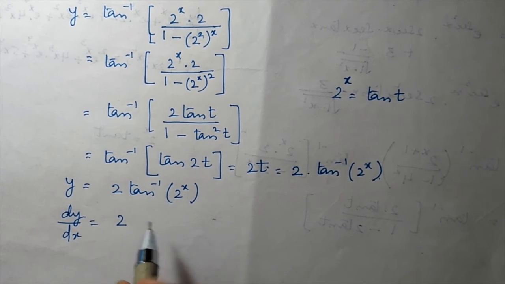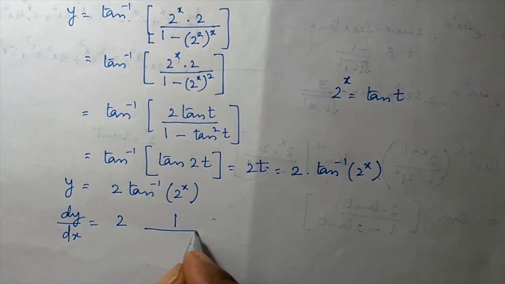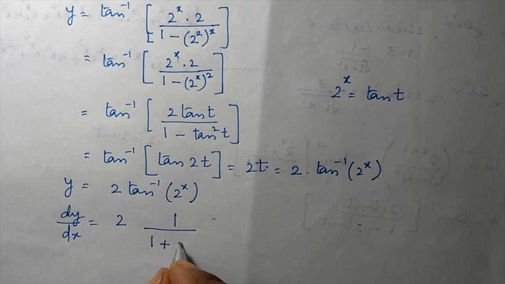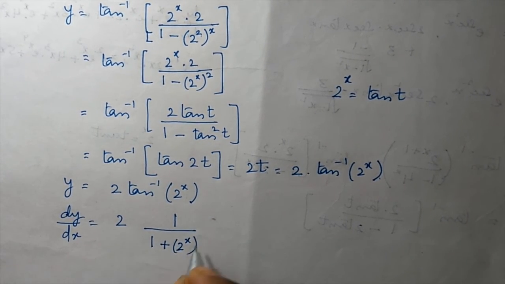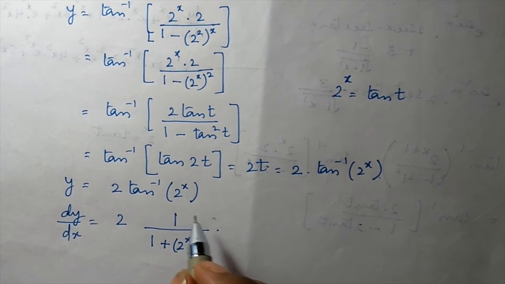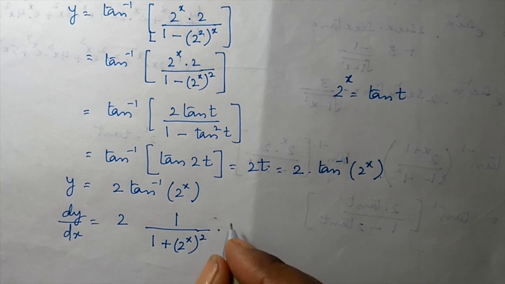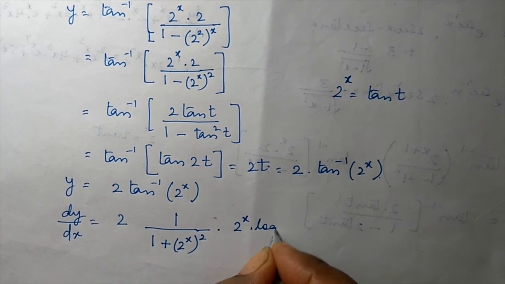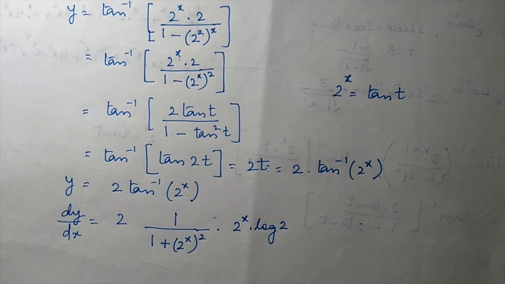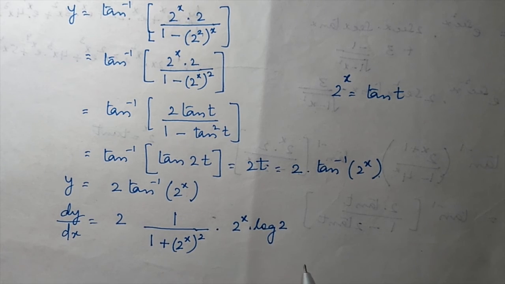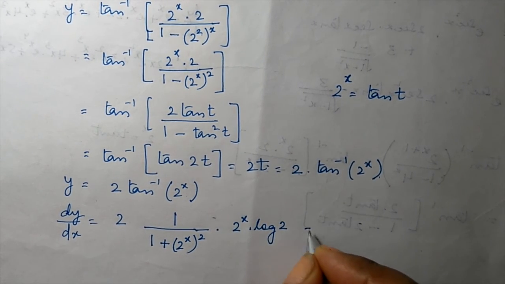Tan inverse differentiation is 1 upon 1 plus t square. So therefore 2 to the power of x to the power of 2, into the differentiation of this. The differentiation of a to the power of x is a to the power of x times log of a. So log of 2. Just combine the 2 now.